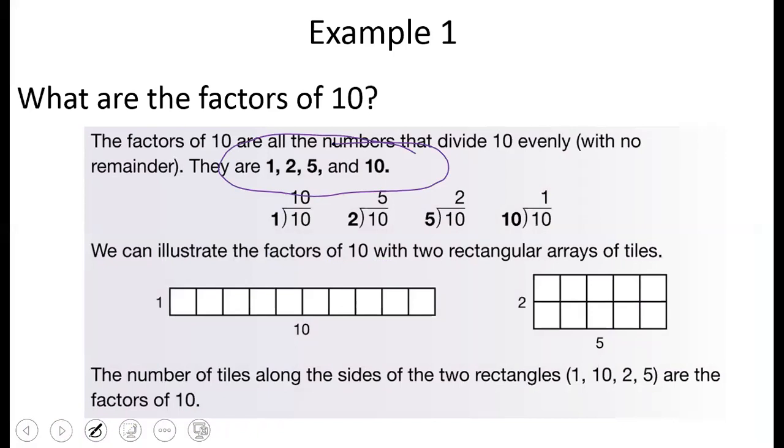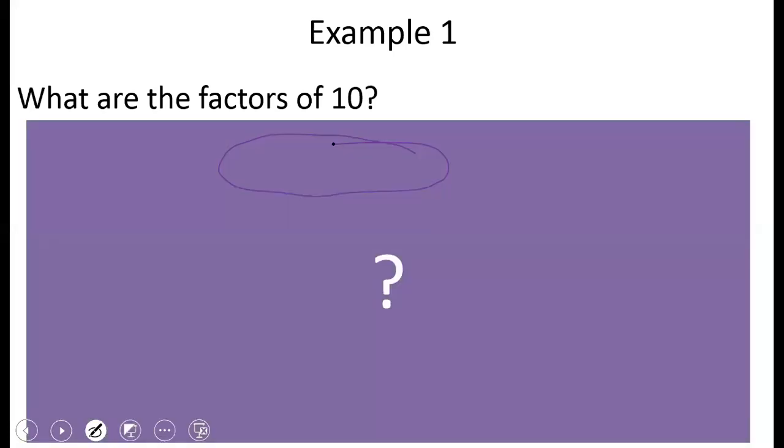Now, there's a couple of ways that you could do this. I'm going to back up just a little bit, just so we can have a little bit more to look at. One way I like to do it is we go factors of 10, and we go 1 times 10, 2 times 5.